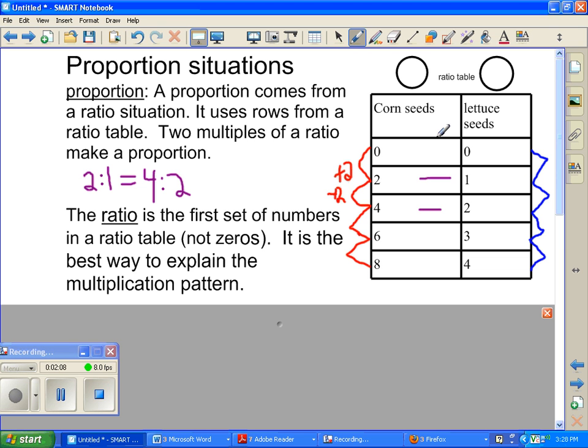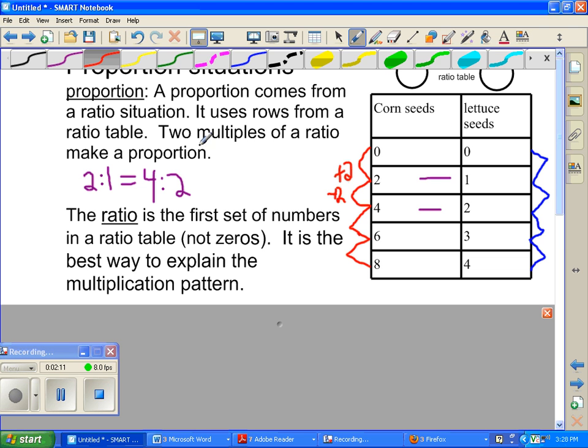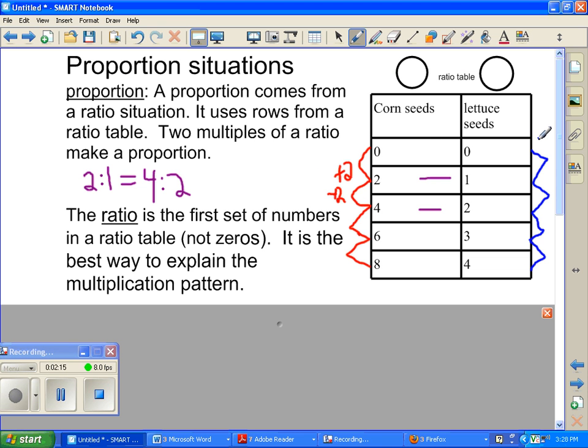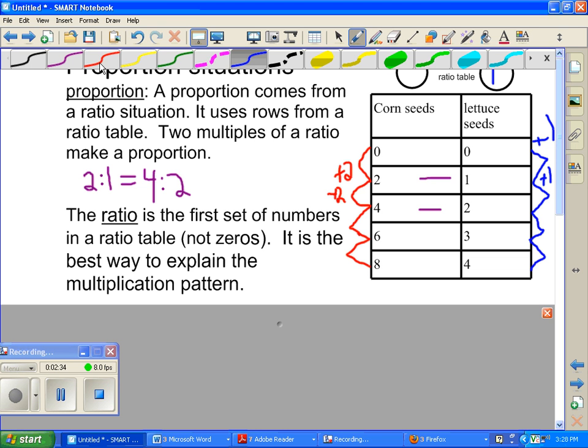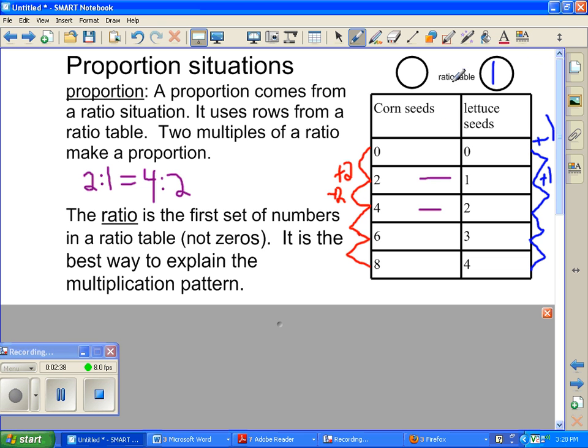And this side, they are all increasing by 1. We're adding 1 to each. I'm not writing it in every single one, but you can see the pattern continues through the whole column. So our difference between each group, this one will be 1. Corn seeds will be 2.